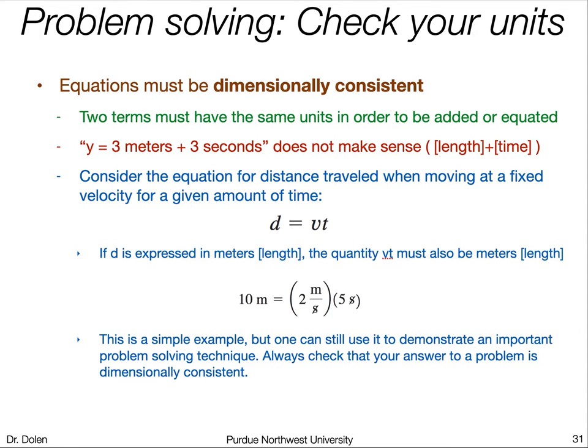Secondly, check your units. If I want to figure out something like I'm traveling at 2 meters per second for 5 seconds, how far have I traveled? Distance is velocity times time. I could plug in for velocity, that's 2 meters per second, plug in for time, that's 5 seconds, check. My seconds cancel. The right side of this equation has meters. I end up with the answer 10 meters, which is a unit of distance.